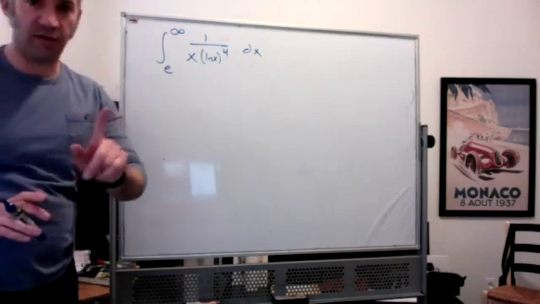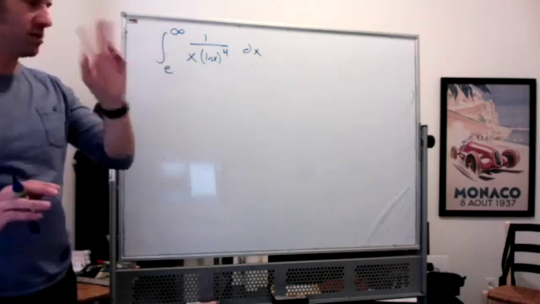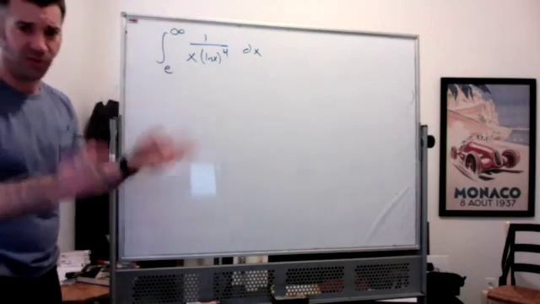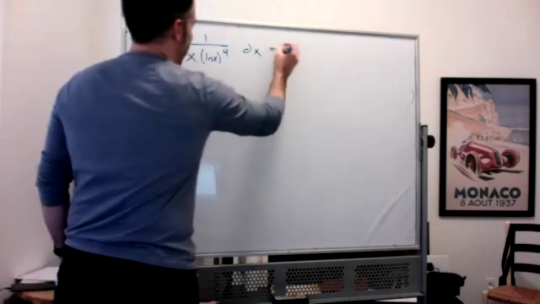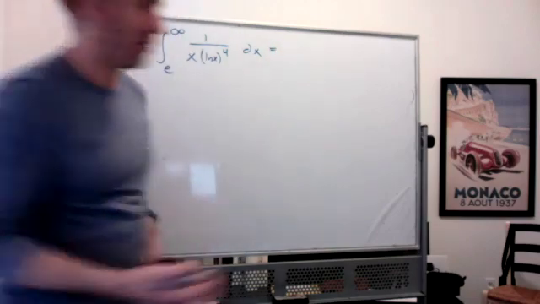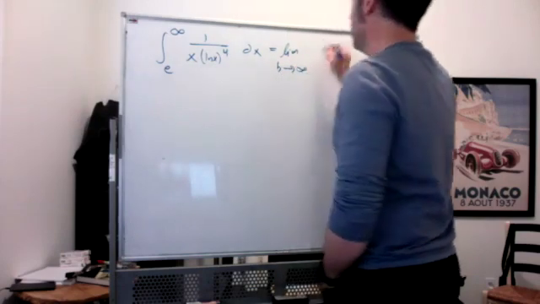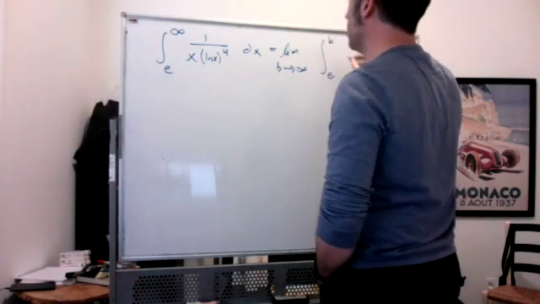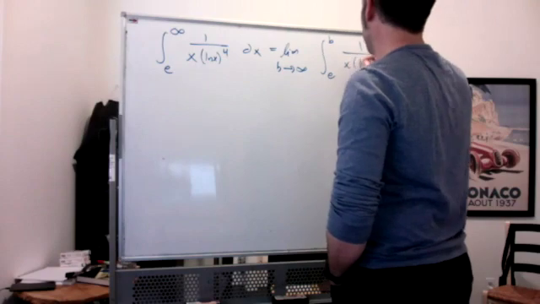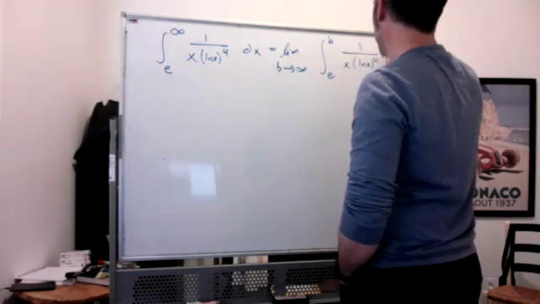Okay, word of advice: you should always start off by doing the limit part. So this is going to be the limit as b goes to infinity of the integral from e to b of 1 over x natural log of x to the fourth dx.